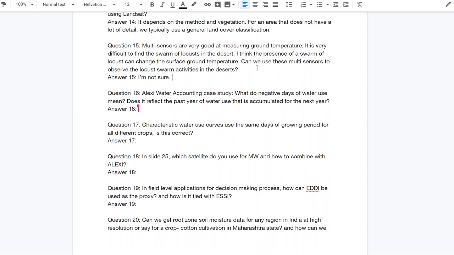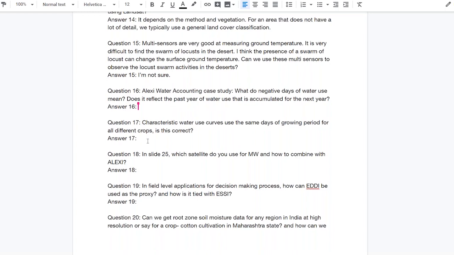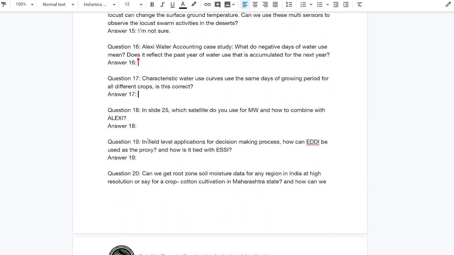Great. Question 17. Characteristic water use curves use the same days of growing period for all different crops. Is this correct? Yeah, I think in that study, that's one of the assumptions we're making, over a growing season, being stable.